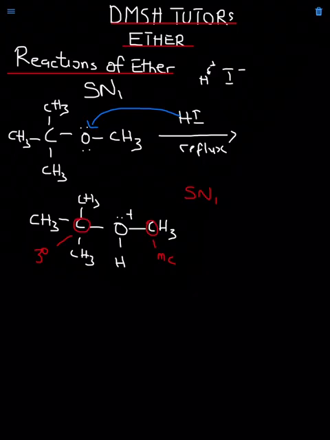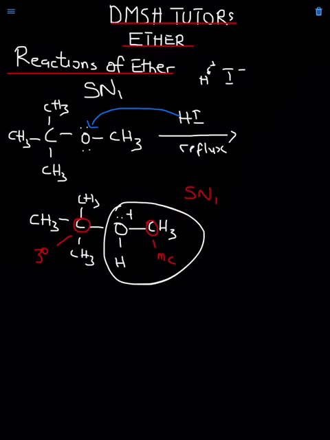For tertiary carbons, it is easier to lose the alkoxy part, the methanol, the oxygen part, to lose the fragment, rather than the iodide attaching to the less substituted carbon like we did in SN2 reactions.